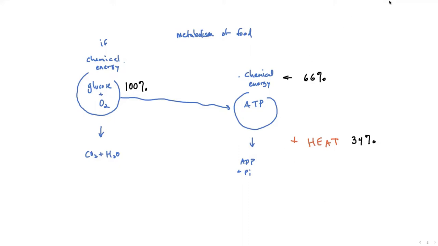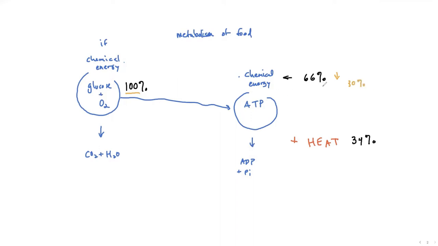Now, on purely theoretical grounds, let's say that we somehow manipulated the system so that we still consume 100%, we still consume all the glucose and oxygen, but we reduce the amount of ATP energy that we're producing, maybe down to 30%.